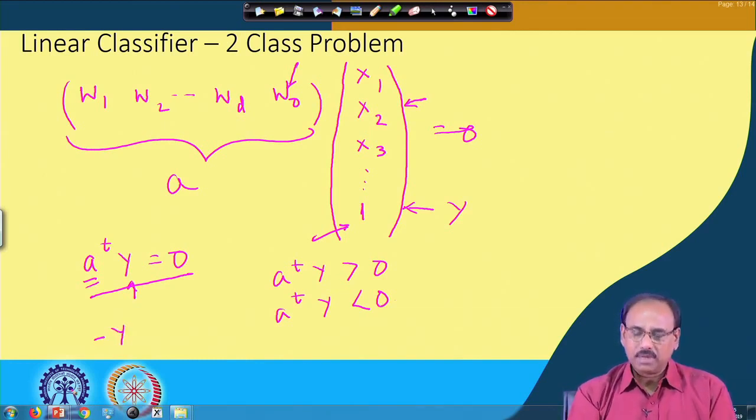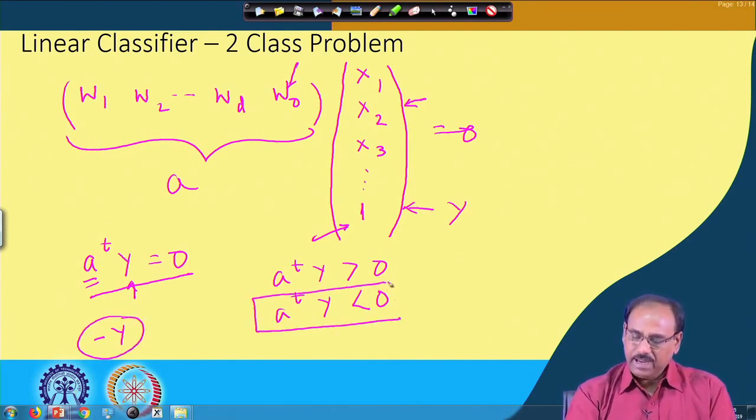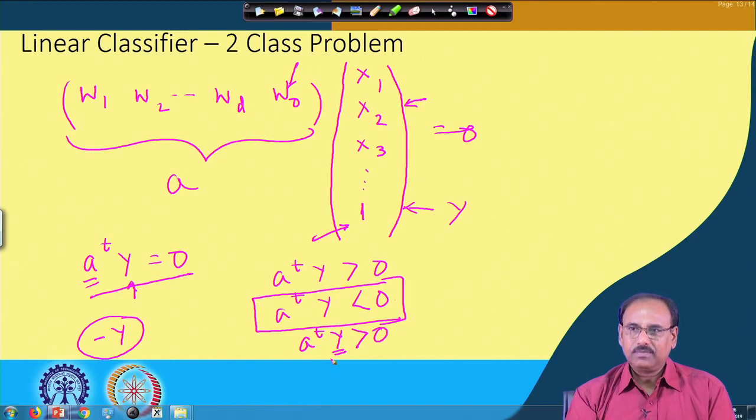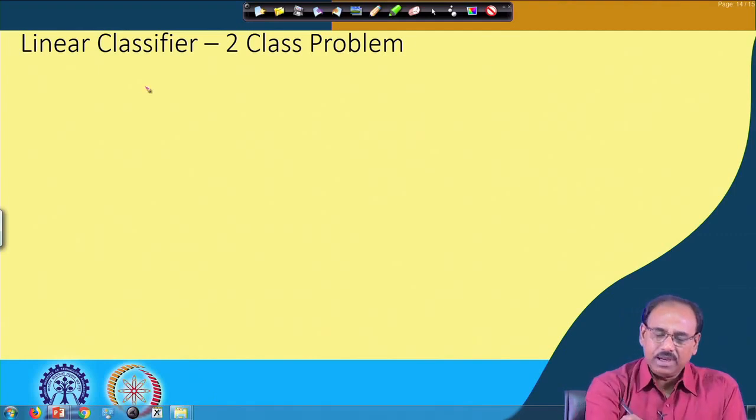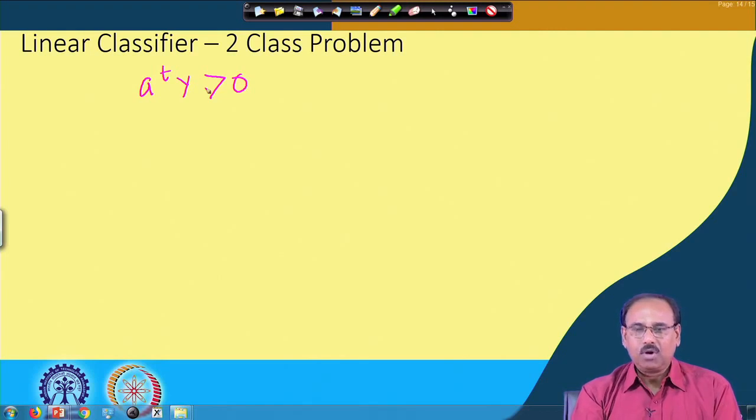If I do this, then if y is correctly classified by A, I will have simply A transpose y greater than 0, where y, if it is taken from class omega 2, is the negated y. So, I now have a uniform criterion of correct classification: A transpose y has to be greater than 0 for all the training samples y, whether they are taken from class omega 1 or class omega 2, because all the y's from class omega 2 have been negated.